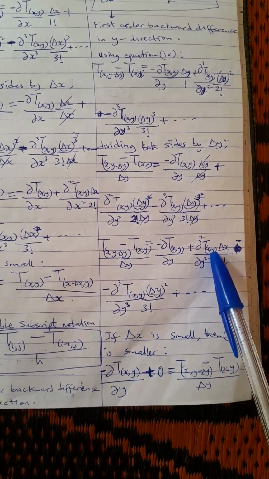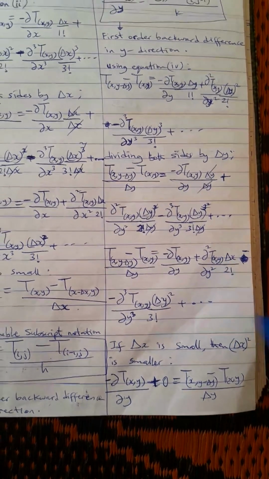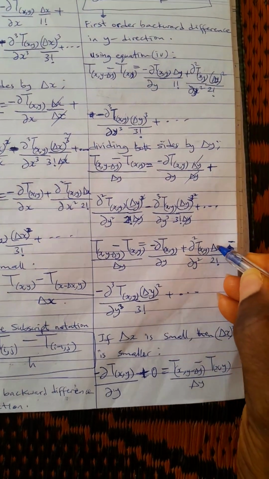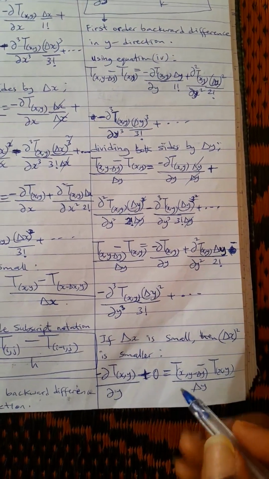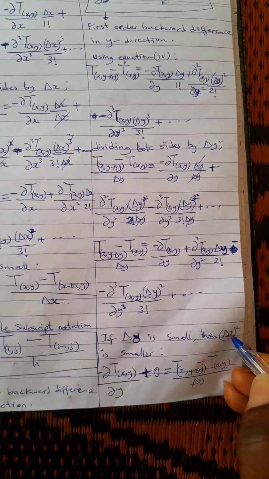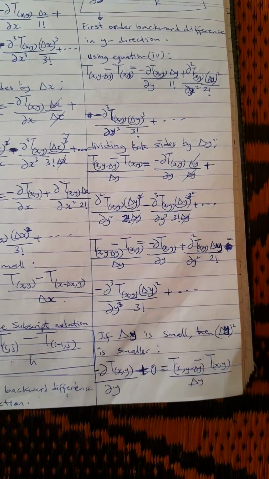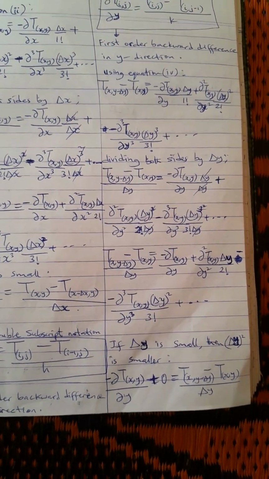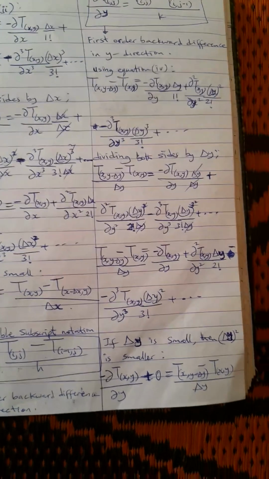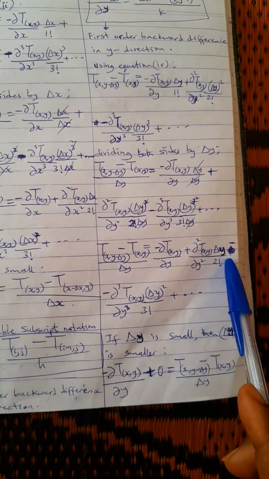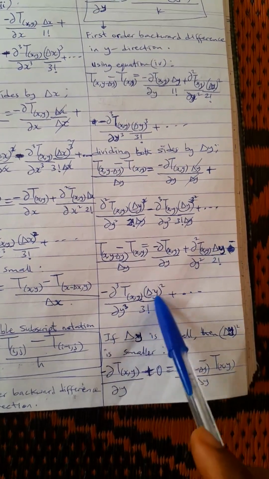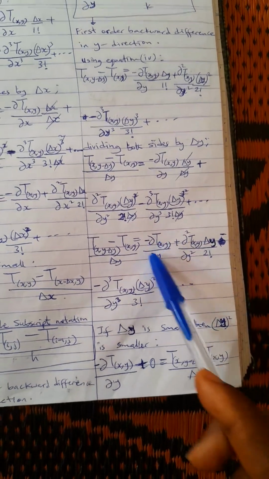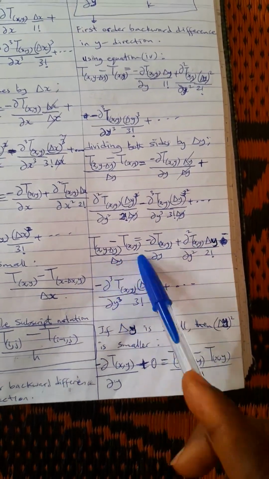Delta Y is the small increment. Because delta Y is very small, it means delta Y square will be very, very small. So turn everything to 0. It remains this one only, this and this.